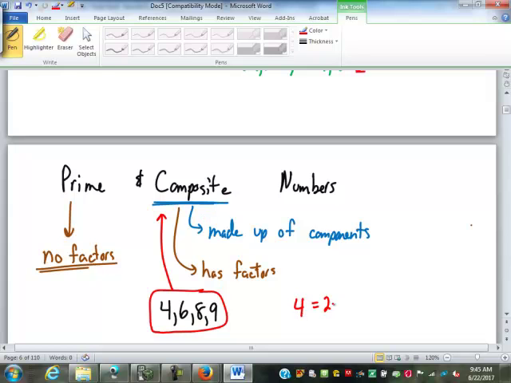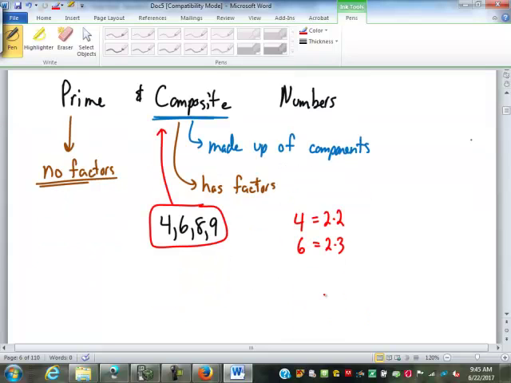4 is equal to 2 times 2, so we just divide by 2 twice. 6 was equal to 2 times 3, so if you divide by 2 and divide by 3, you can divide by 6. 8, 2 times 2 times 2. Like I said, divide by 2 3 times. 9 is 3 times 3. Divide by 3 twice, you've done the 9. 12. 2 times 2 times 3, right?